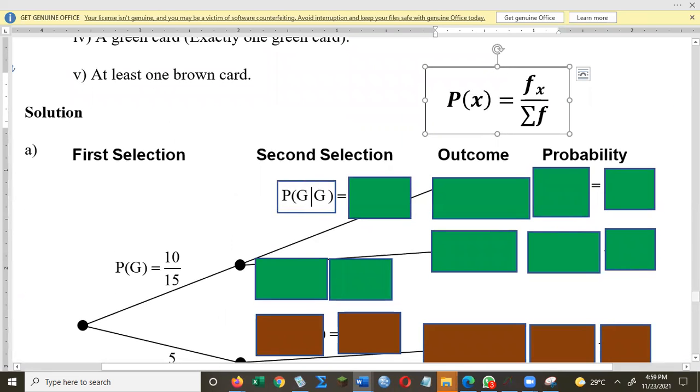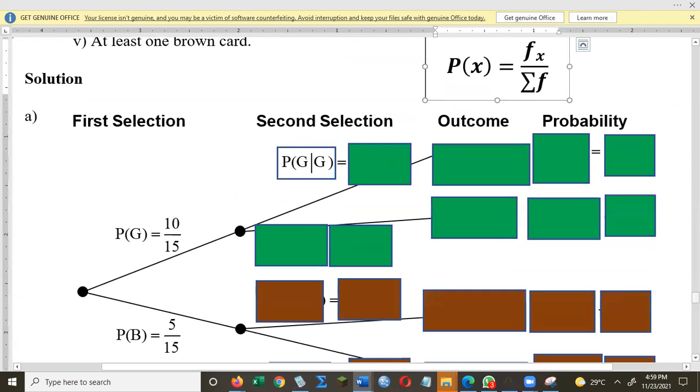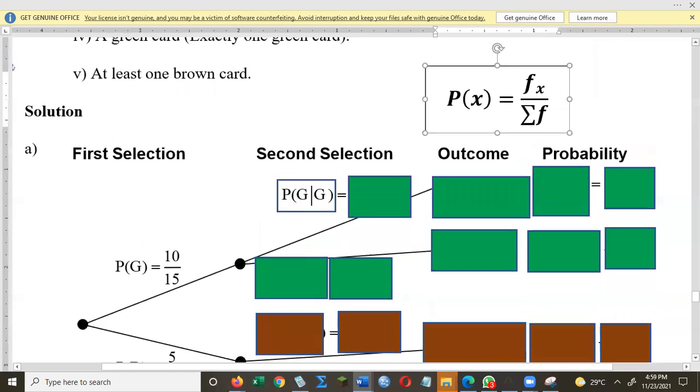If it was a green, considering the fact that he will not be replacing that green card in the container, what fraction comes there? A fraction that comes in there, a numerator and a denominator. What is the numerator? What is the denominator? Anybody? Say that again. 10 over 15. You say 10 over 15.